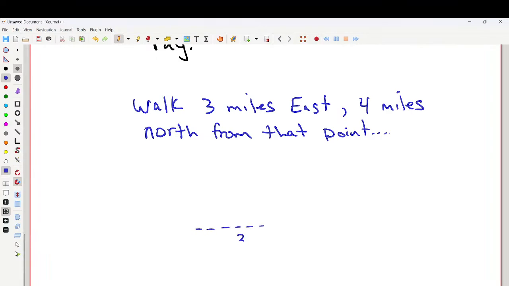So 3 and then up 4. This right here we'll call the tail, and this is the head. So tail to head. And that object right here from geometry is called a ray. And it's a vector.